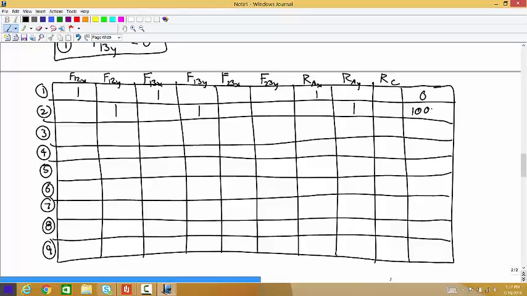Negative 0.866 f12x, negative 0.5 f12y, constant 5,000. Equation 4, negative 1 f12x, 1 f23x, constant 0. Wait, f23x is positive 1? Positive 1. Okay.